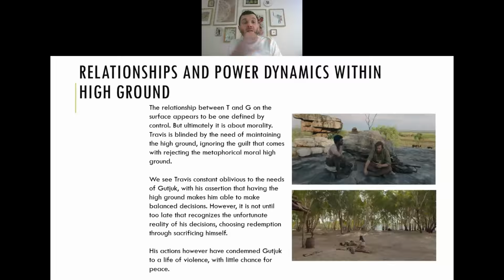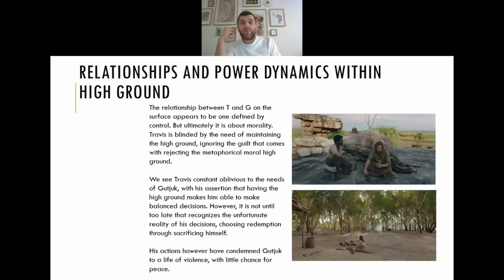He's constantly oblivious to the needs of Gutjuk, with his assertion that having the high ground makes him able to make balanced decisions. However, it is not until too late that he recognises the unfortunate reality of his decisions, choosing redemption through sacrificing himself. Almost every action he takes with respect to Gutjuk is one that is incorrect.